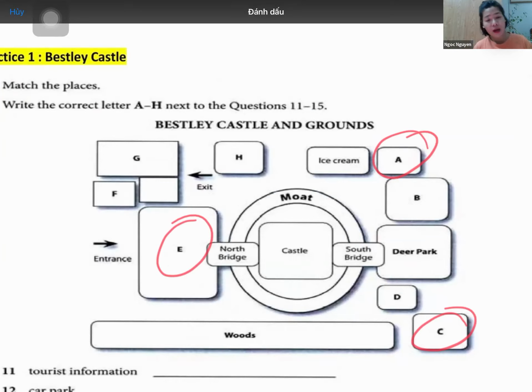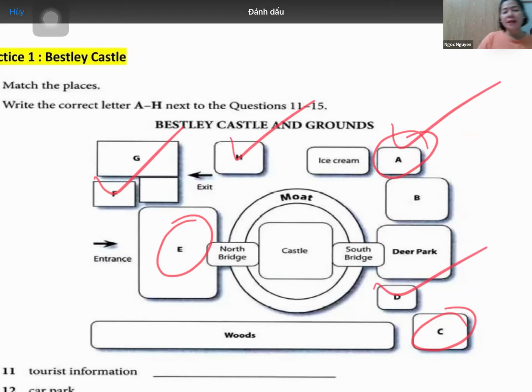For example, IELTS may describe letter F before it talks about letter A, right? Or IELTS will describe letter H before it talks about letter D. So if you see letters on a map, don't trust them.